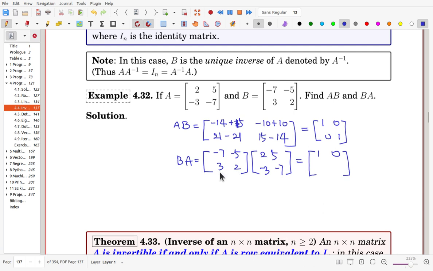Second row, first column: plus 6 minus 6, which is 0. And second row, second column: 15 minus 14, which is 1. So here we checked that AB and BA are the identity matrix. So B is the inverse of A, and A is the inverse of B. Either way, you can say that.